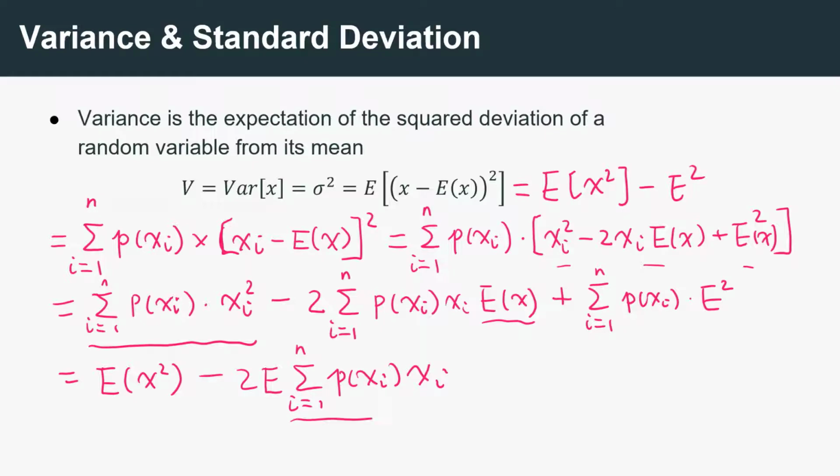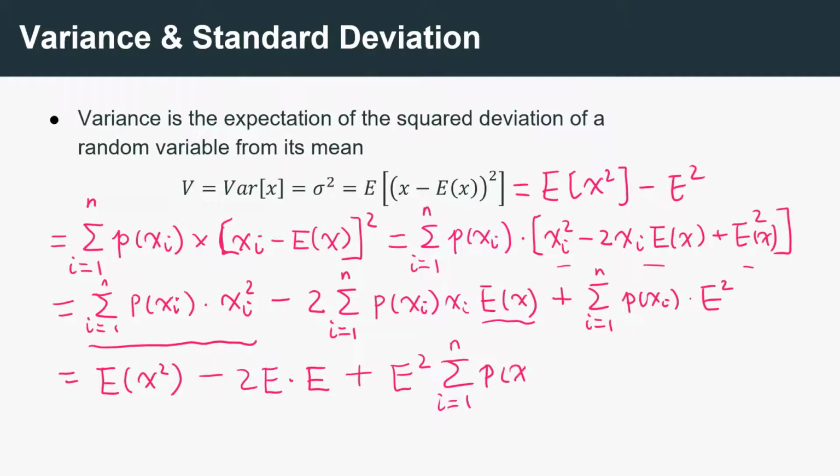Again, by the definition of the expectation, this is the expectation of x, so I will just replace it with the expectation of x. And we can move this E squared outside of the summation.